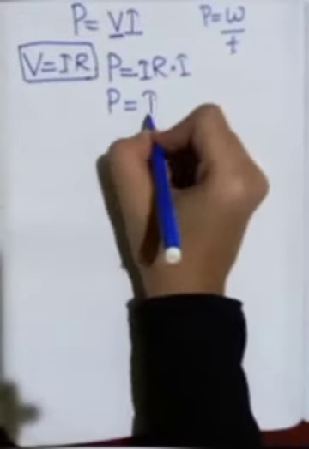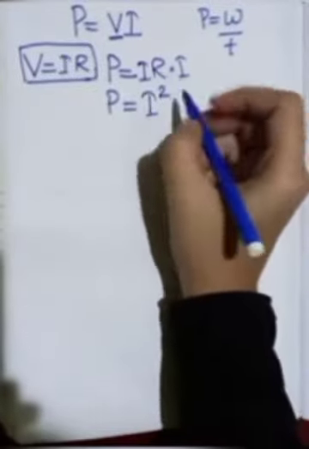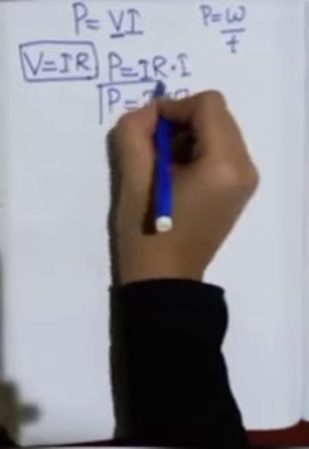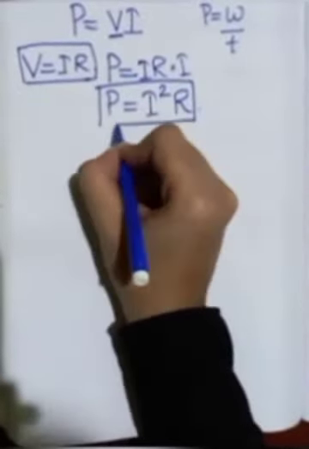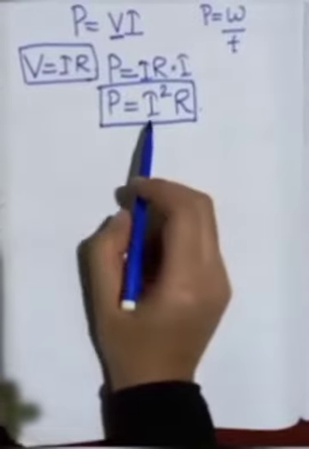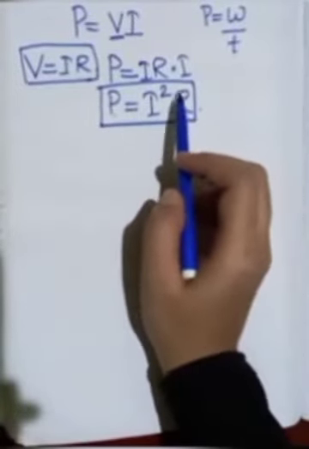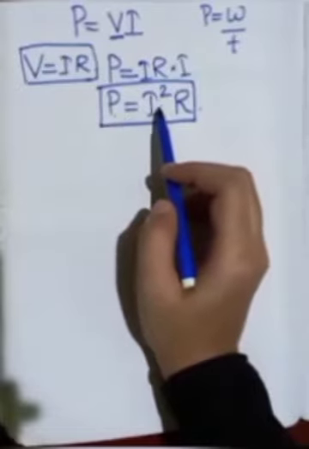It is I square, like 2 into 2 is 2 square, 4 into 4 is 4 square. Similarly, I into I is I square, and R is the resistance. This is another equation for electric power, the relationship between electric power, current and resistance.